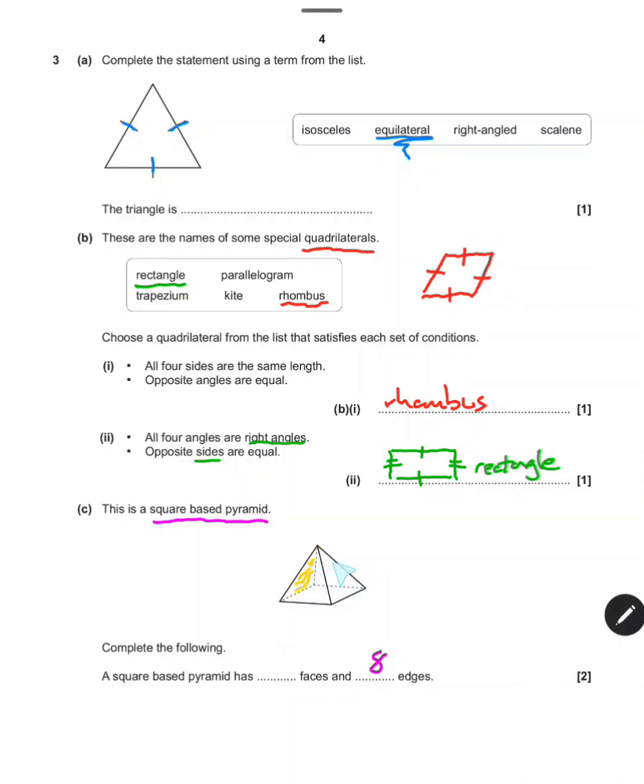There's one at the back there. There's another one at the back. There's one on the very bottom. And then this is where it might get a little bit confusing. There's one at the front. And another one at the front. Altogether, 1, 2, 3, 4 around the sides and 1 on the bottom makes 5.